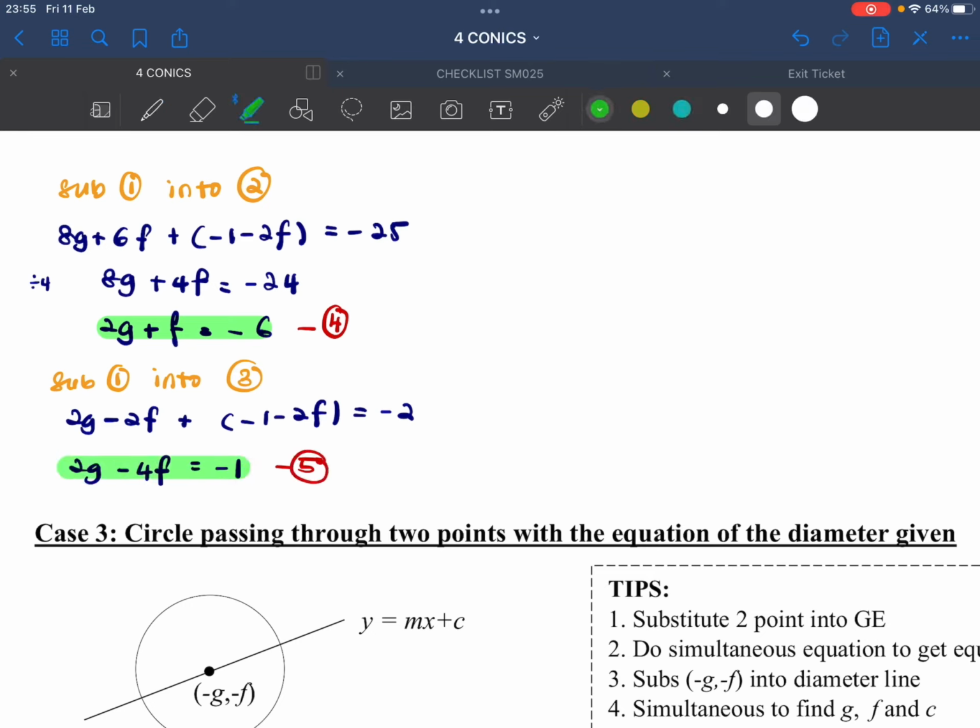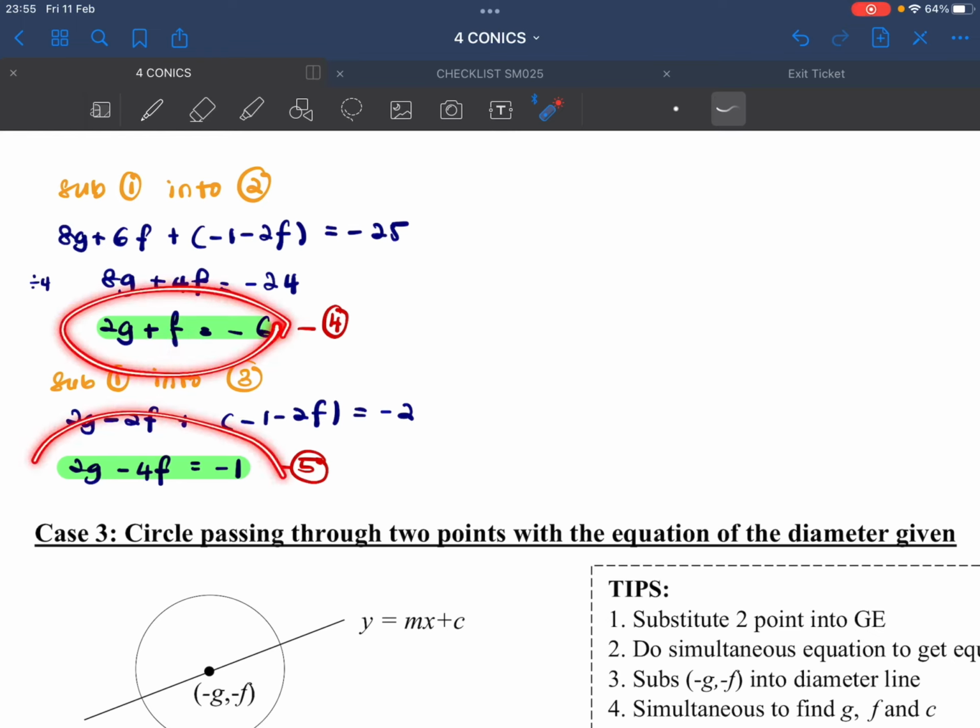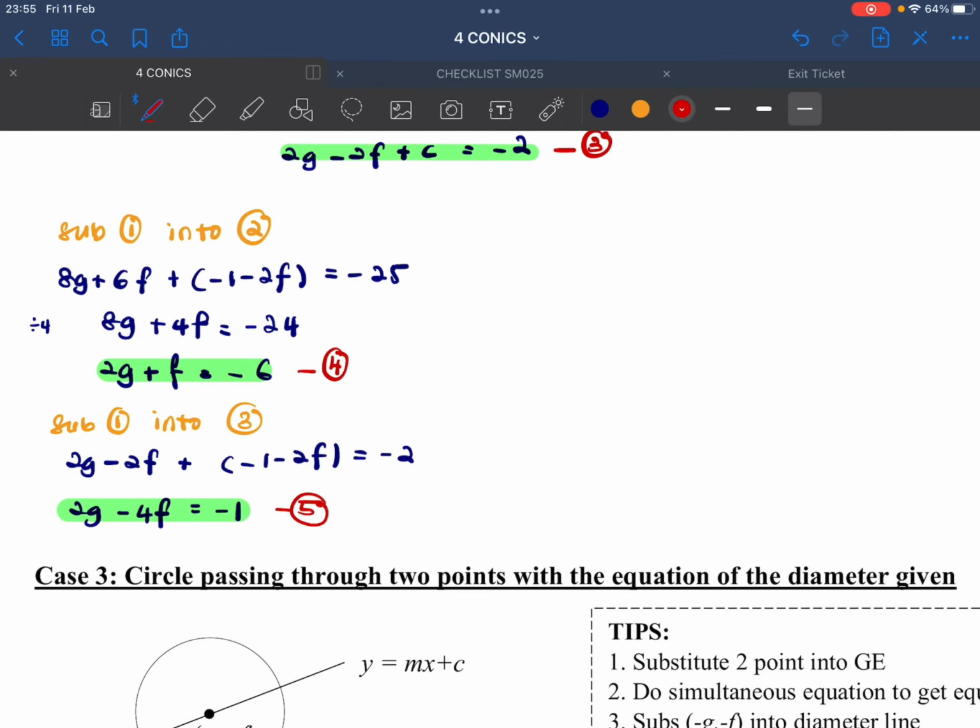Alright, so as I said before, the aim is to find your g and your f. So here we can do elimination, or you can also use substitution. You make your f the subject and then substitute here, or you can also use elimination. So let's do the substitution, because we started with substitution.